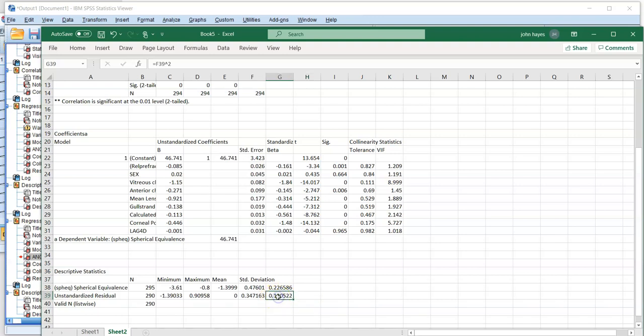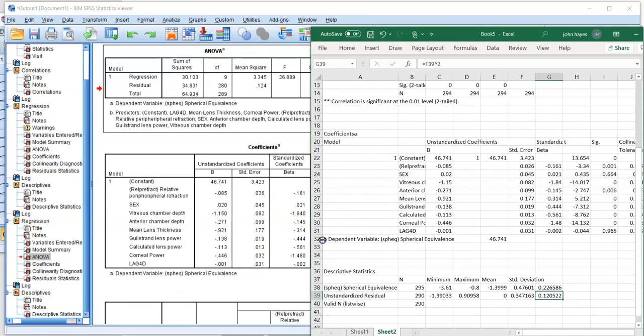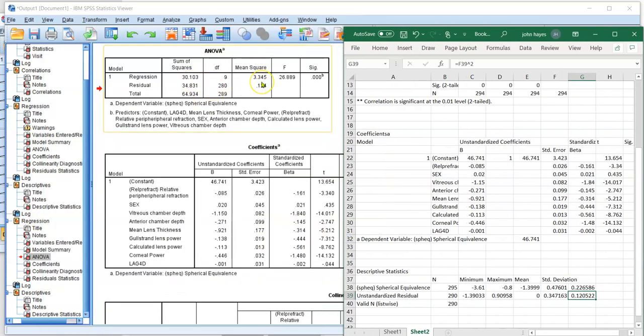But that's basically the same number as this. So the variance of the unstandardized residual, as we calculated it, we went down that column of numbers in the data sheet and we calculated their standard deviation and squared it. We got the same answer as this part of the residual.